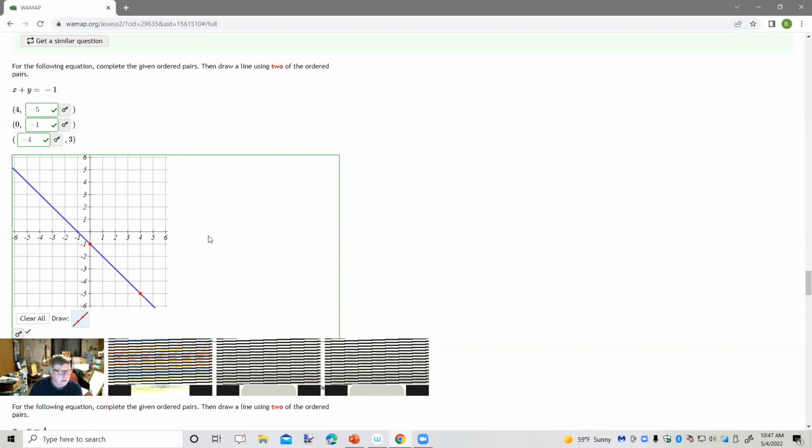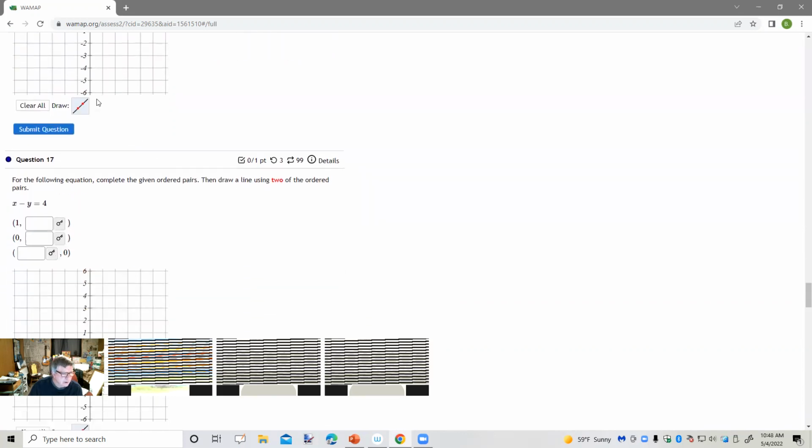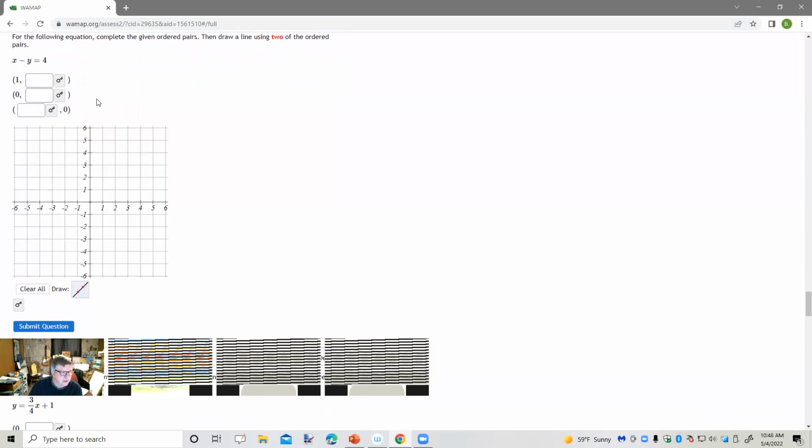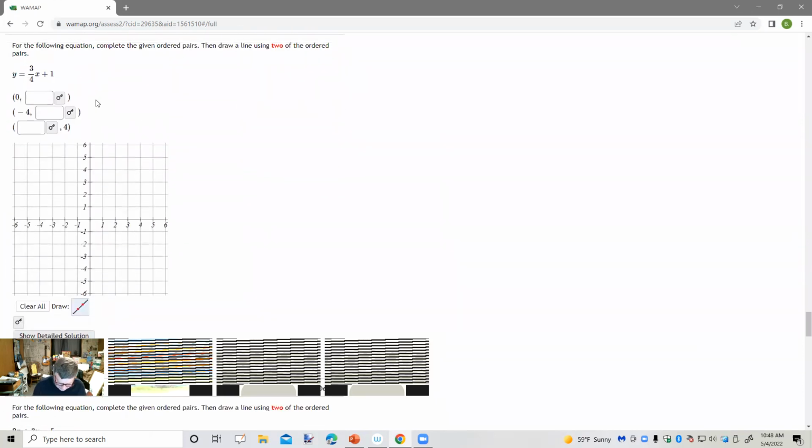All right. Let's see here. Let's get a similar question. That gives us the same equation, but different ordered pairs. I wanted a different question. Let's go down and do this one. That one looks a little more complicated because of the fraction.